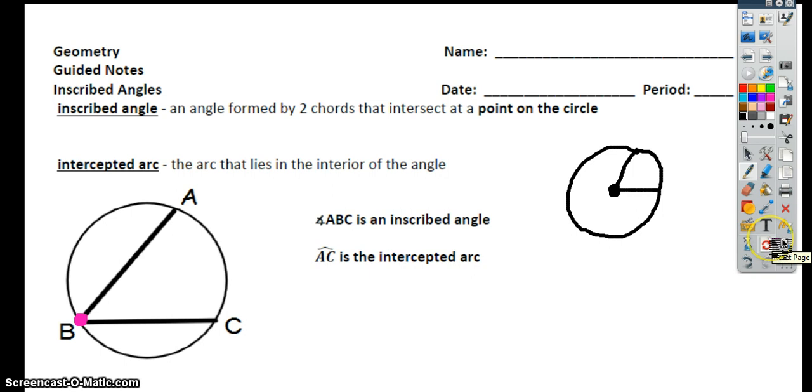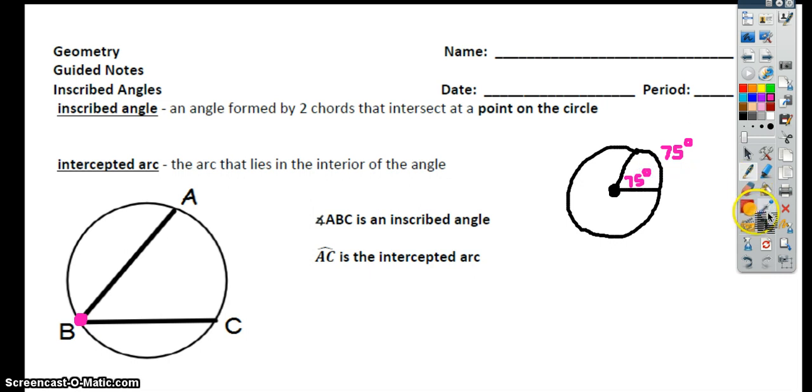So there's a central angle. In a central angle, don't you love my mouse pad drawing here? If this arc is 75 degrees, then this angle is also 75 degrees. So central angle, the angle and the arc are the same.